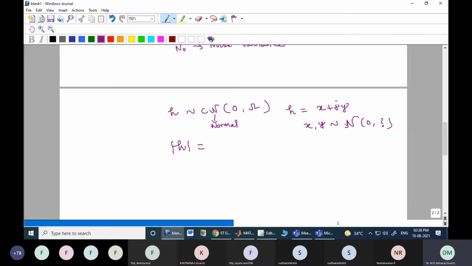Now this j is a complex operator. So this H is naturally a complex Gaussian.